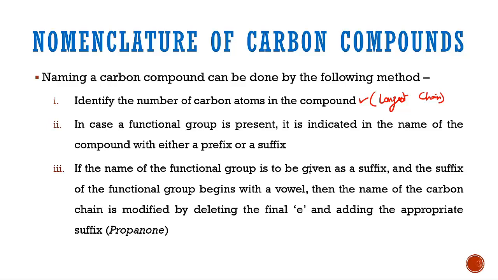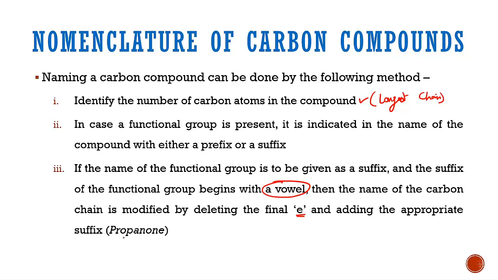If the name of the functional group is to be given as a suffix and the suffix of the functional group begins with a vowel, for example alcohol, we have seen OL, so it begins with a vowel O, then the name of the carbon chain is modified by deleting the final E and adding the appropriate suffix.